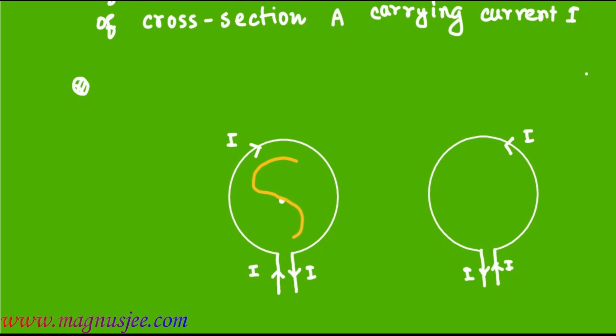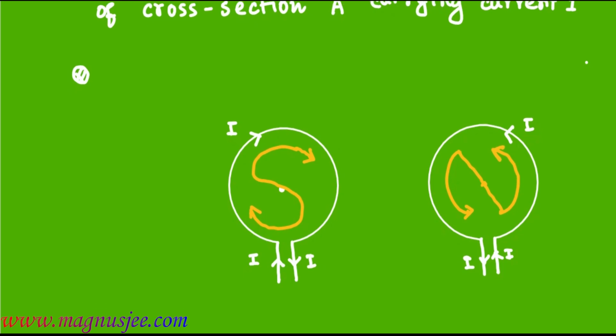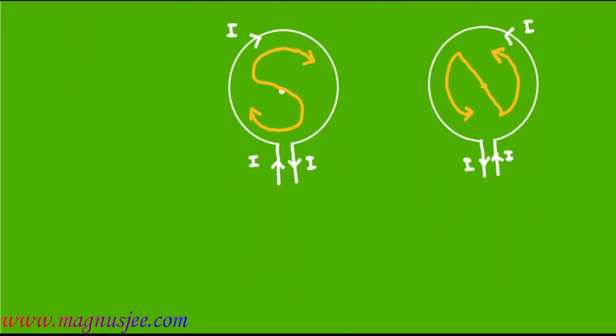According to the clock rule, the face through which current flows clockwise behaves as a magnetic south pole, and the face from which current appears to flow anti-clockwise behaves as a north pole. So a coil has a magnetic south pole if observed from one face, and the same coil has a magnetic north pole if observed from the back face. That's why the coil is called a magnetic dipole, because it consists of two equal and opposite magnetic poles.